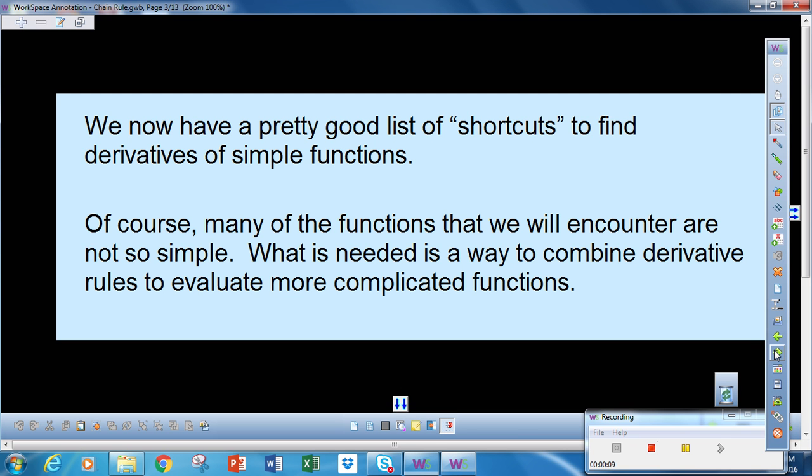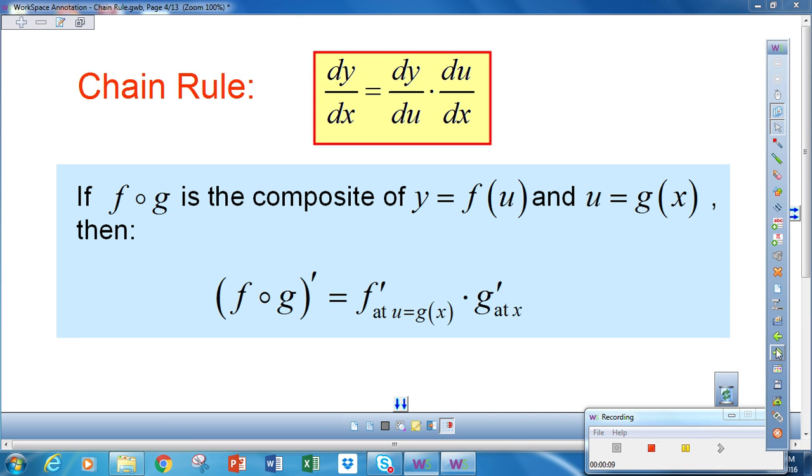We've come up with a nice little set of shortcuts, but sometimes two functions are composed, and if you have two or more functions composed, then you have to use what we call the chain rule. Basically the chain rule says this: the derivative with respect to x is the derivative of the inner function times the derivative of the outer function if two functions are composed.